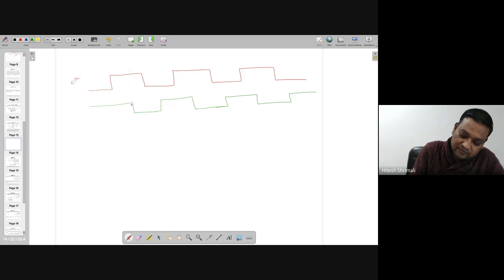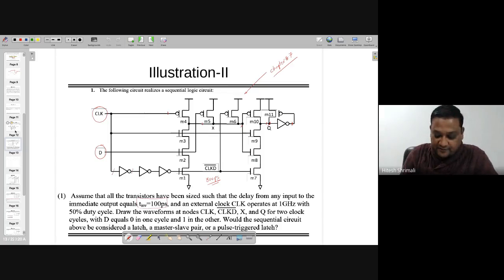This delay is 300 picoseconds, and the name of this one is clock T bar.